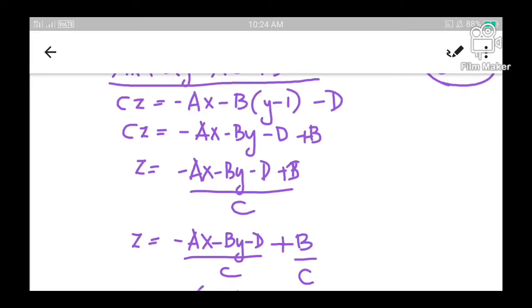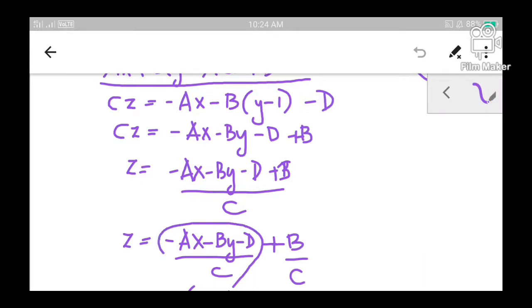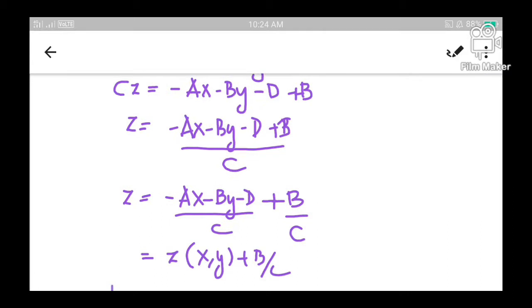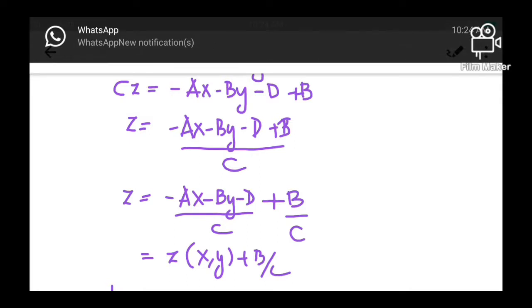We know that the first term indicates the depth of position xy, the value of z at position xy. So in the next line we will substitute this by z of xy. So we got the equation as depth at the current position, which means depth or z at position x y minus 1, can be calculated as z at position xy plus b by c.